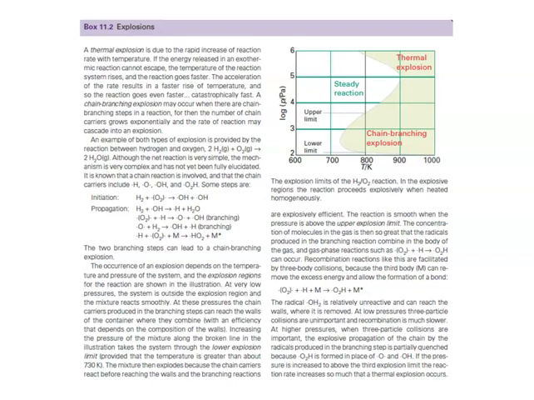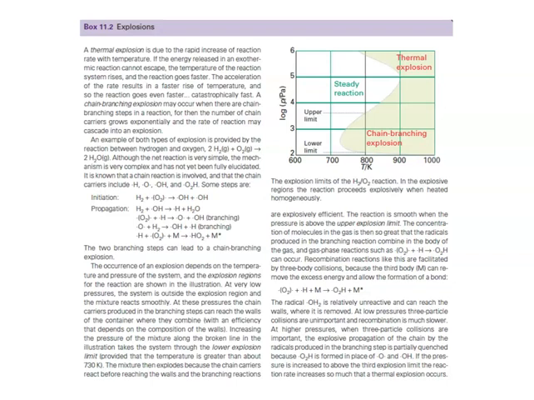Increasing the pressure of the mixture along the broken line in the illustration takes the system through the lower explosion limit. The mixture then explodes because the chain carriers react before reaching the walls, and the branching reactions are explosively efficient. The reaction is smooth when the pressure is above the upper explosion limit.